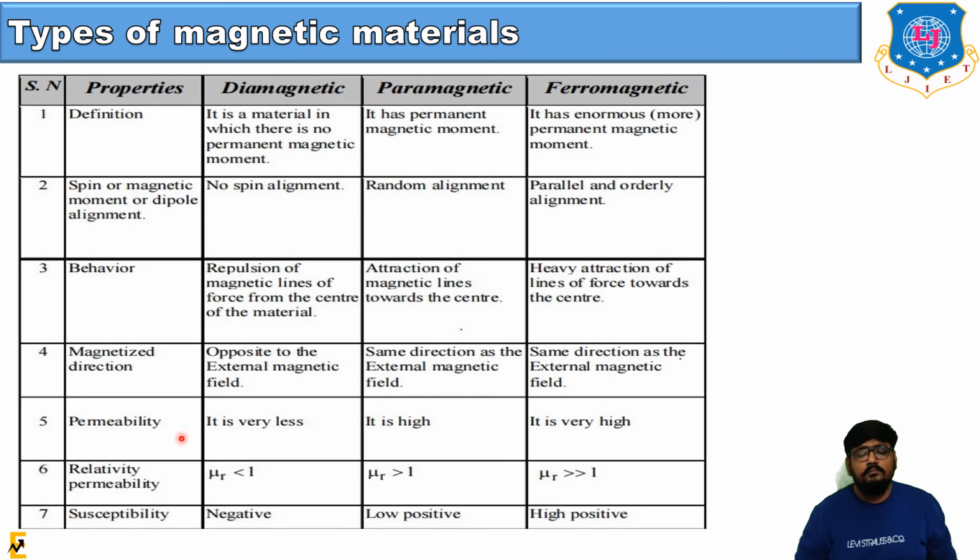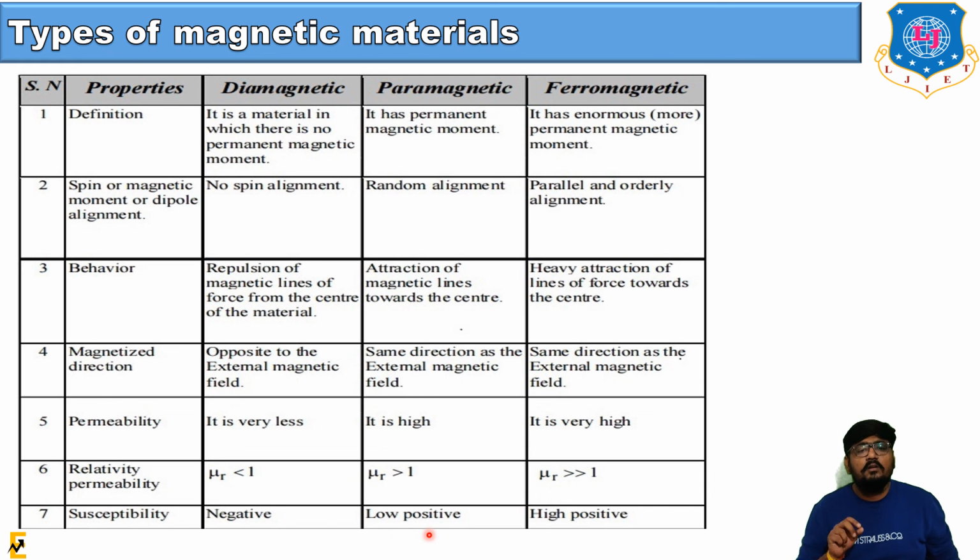Next is the permeability. Permeability is very low in diamagnetic material, whereas in paramagnetic it is high, and in ferromagnetic it is very high. Similarly, relative permeability is low for diamagnetic, high for paramagnetic, and very high for ferromagnetic material.